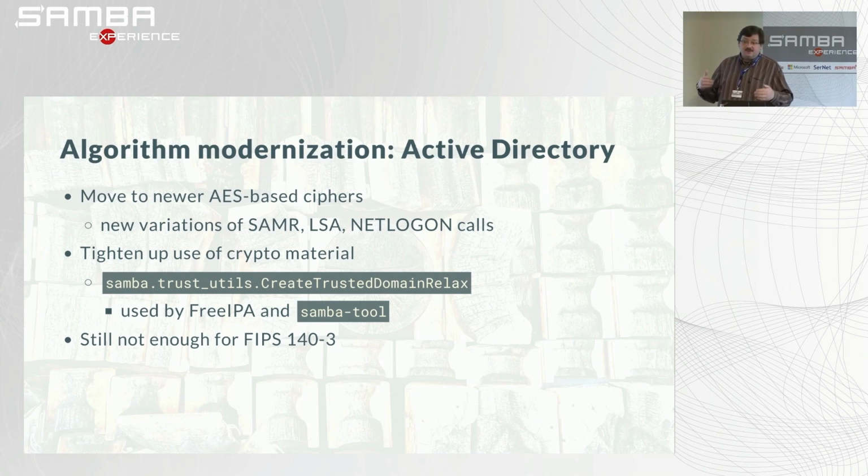So there was a lot of back and forth, often we are saying and not hearing anything back, and maybe a year later we're hearing, hey, there's a new specification for new LSA or Samba calls that uses AES now. So you can use that one for something. And we ended up implementing, mostly Andreas and Günther implemented a bunch of these new variations of these calls.